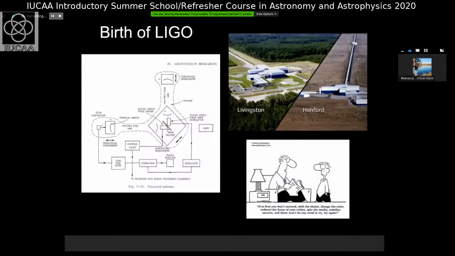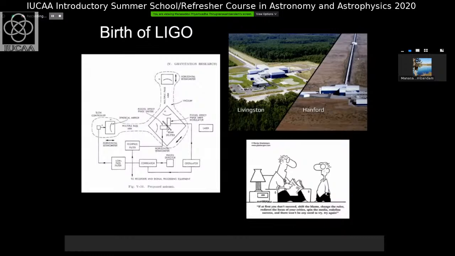And the idea of using an interferometer for gravitational wave detection led to the birth of LIGO. As you can see in this picture, on the left-hand side there is a laser and an interferometer. It is said that this is one of the earlier proposals that was submitted for building the LIGO detectors, and you can see it's called a proposed antenna.